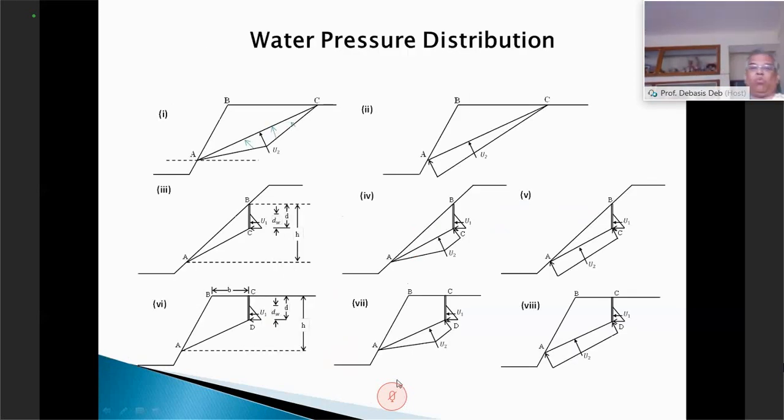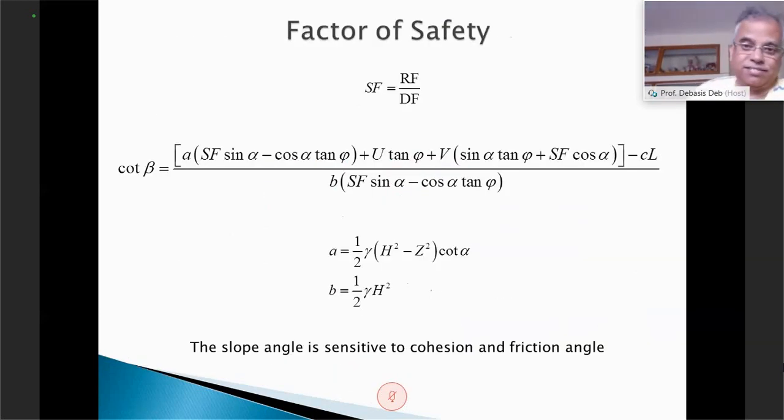So this is now with water. The equation is with water. So this becomes A equals to this and B. Now this is a little bigger equation, but one can derive it very easily.